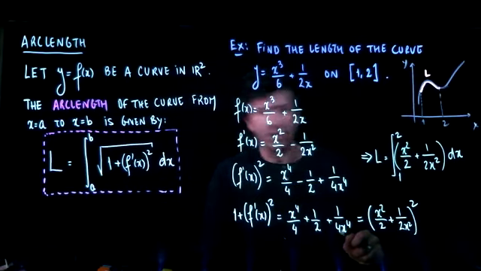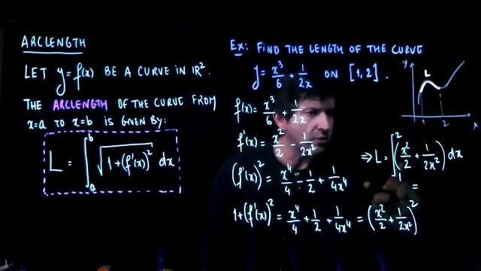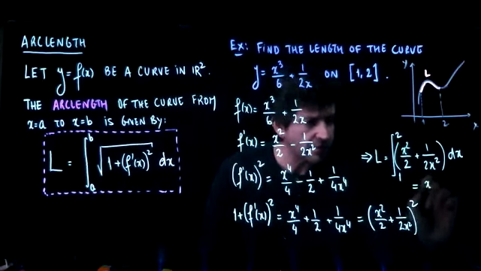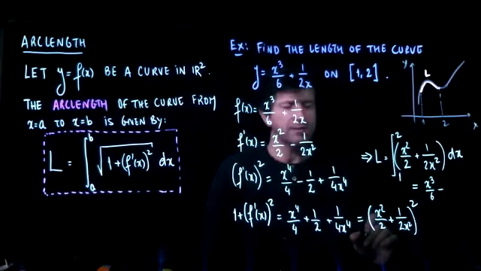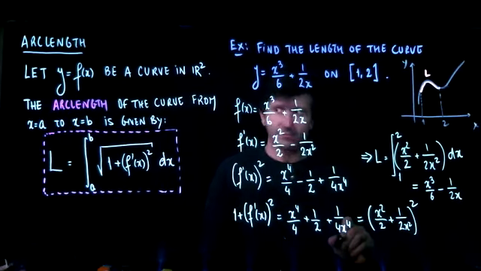You can still see, yes. Okay, so let me try, I think I could fit it here. So the antiderivative of this is x cubed over 6 minus 1 over 2x. I think that's what it is.